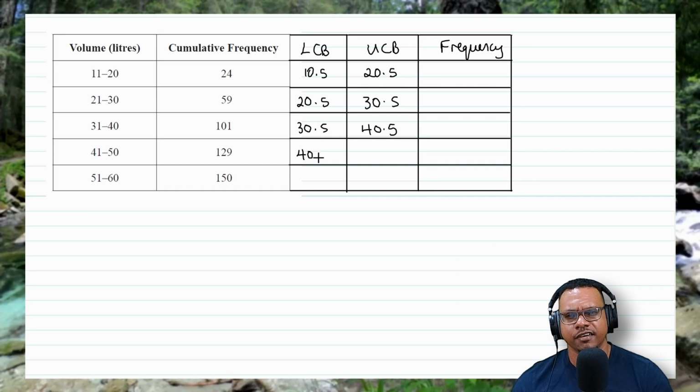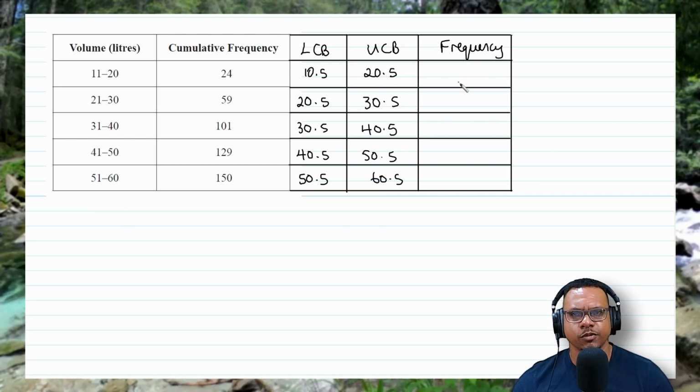Here will be 40.5, and here will be 50.5. All right, so 0.5 less on the lower class limit and 0.5 more on the upper class limit. So 0.5 less here is 50.5, and 0.5 more here is 60.5. So those are my boundaries.